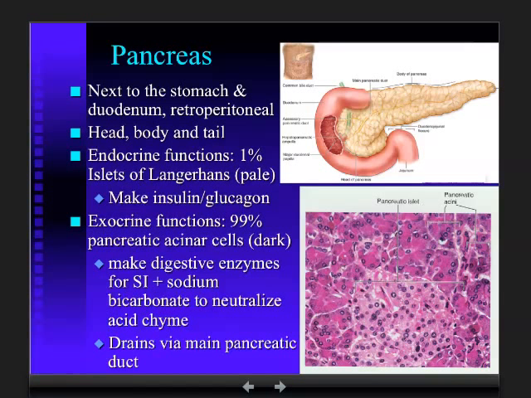These are the pancreatic acinar cells, and they are producing the enzymes that make up the pancreatic juice, and then the duct itself is responsible for producing the bicarbonate. So the enzymes are coming from the acinar cells. This whole thing is called an acinus, and these are acinar cells. That is the exocrine part of the pancreas.